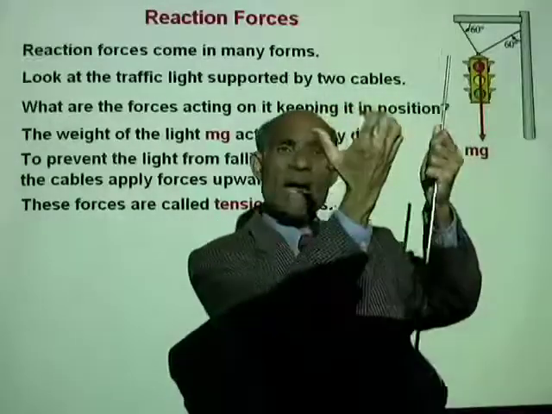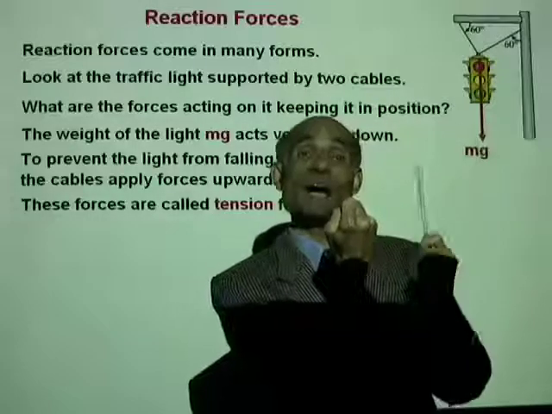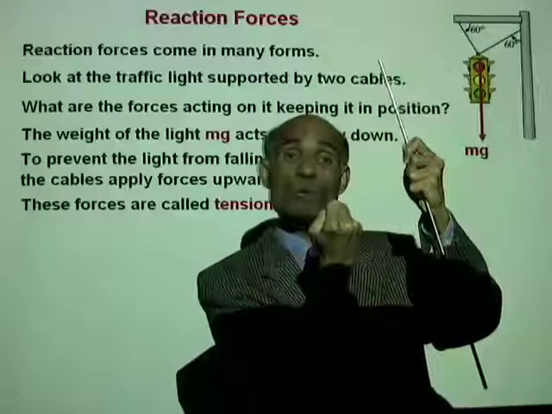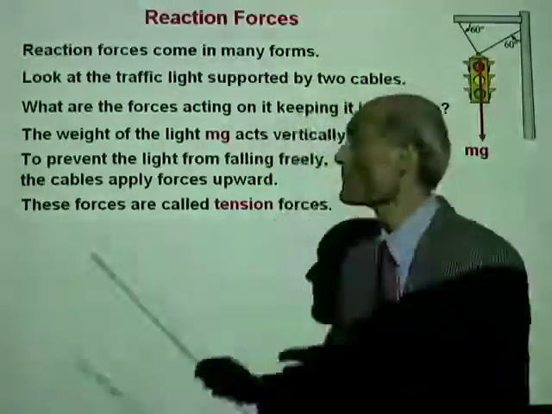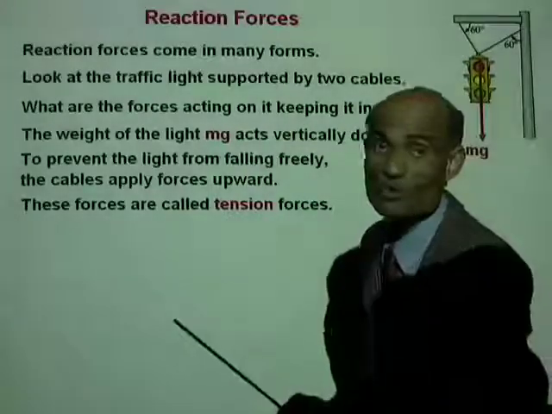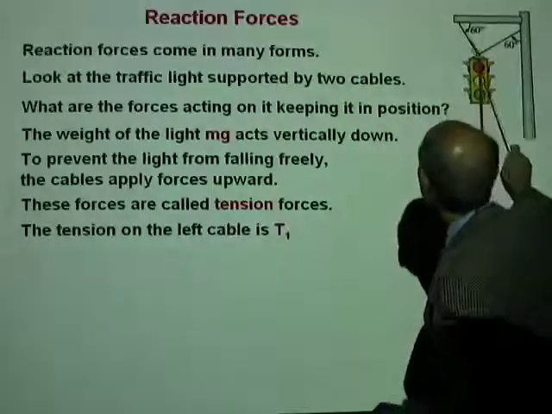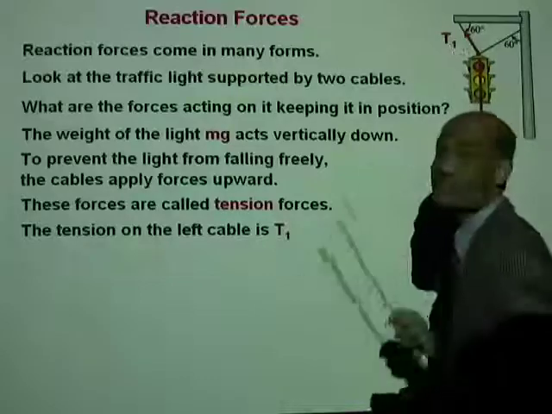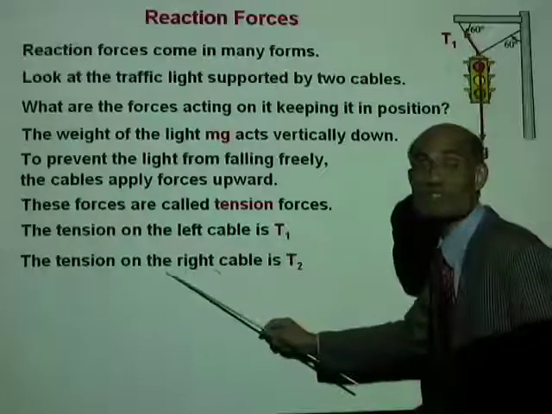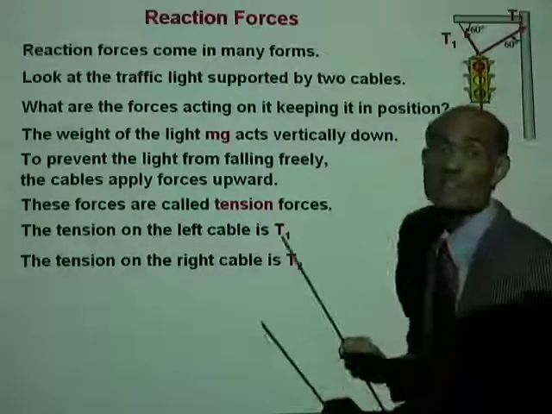If you hang on a string, the string will support you as long as the tension on the string will hold up your weight. So the force on the cable is called the tension force. That means there is a tension force on the left cable and I'm going to call that tension force T1. And there is a tension force on the cable on the right and I'm going to call that T2.